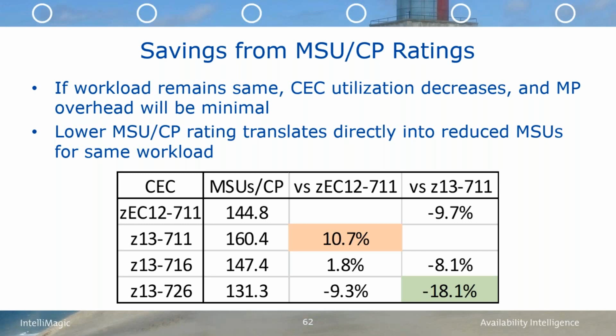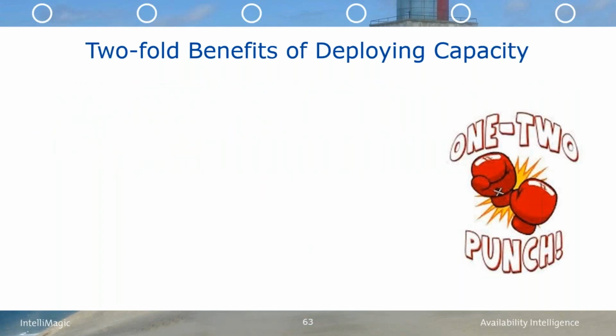Or expressed another way, a workload that would generate 1,000 MSUs on a z13 711 would generate only 819 MSUs when run on a 726, solely due to the reduced MSU per CP rating, not even taking into account the CPU savings from improved processor cache efficiency that, as we saw, would also accompany this change.